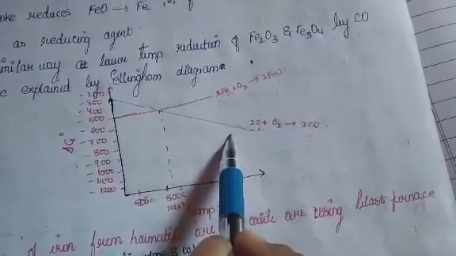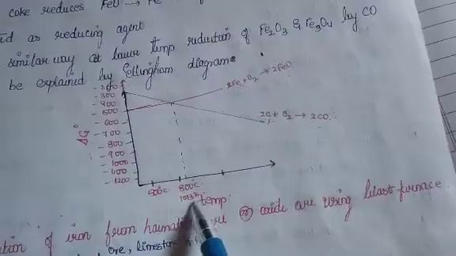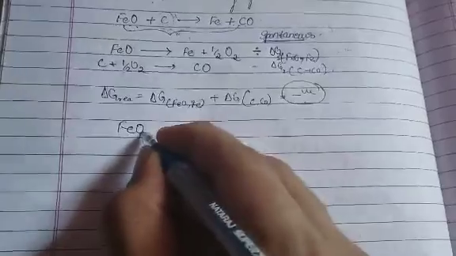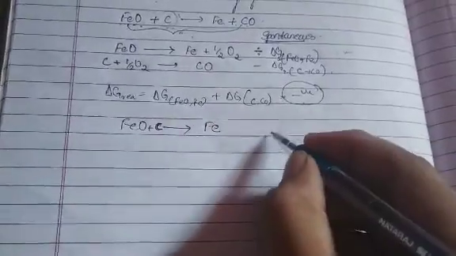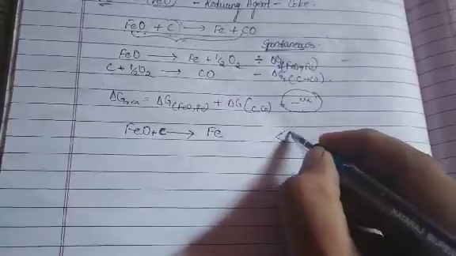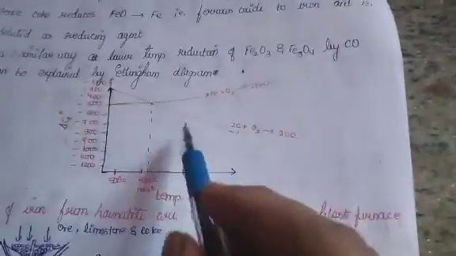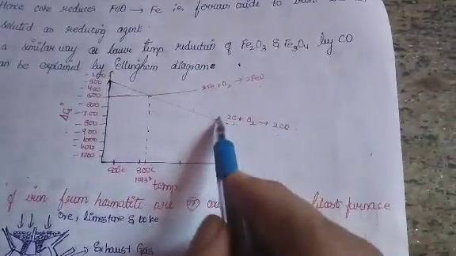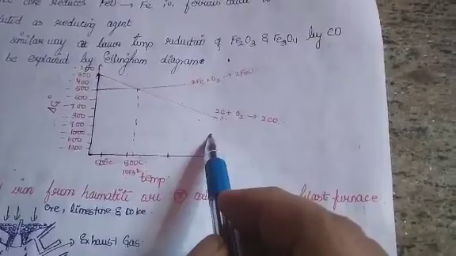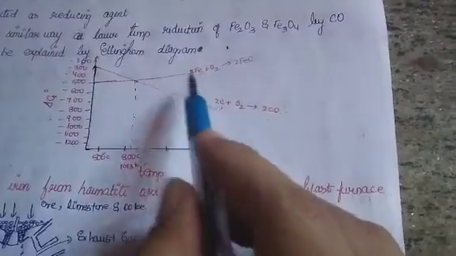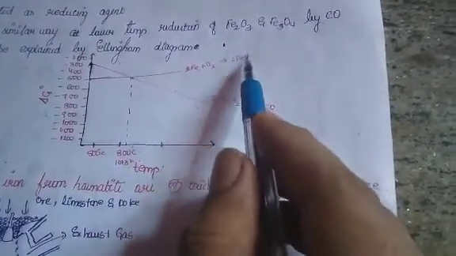And when does it happen so? Only above the temperature of 1073 Kelvin. So mainly in this process, FeO can be converted to Fe by using your coke as a reducing agent only when the temperature is greater than 1073 Kelvin. Why is it so? Because after that temperature itself, our carbon or the coke can act as a reducing agent, because after that temperature, the curve of the reducing agent lies below the curve of your metal oxide.